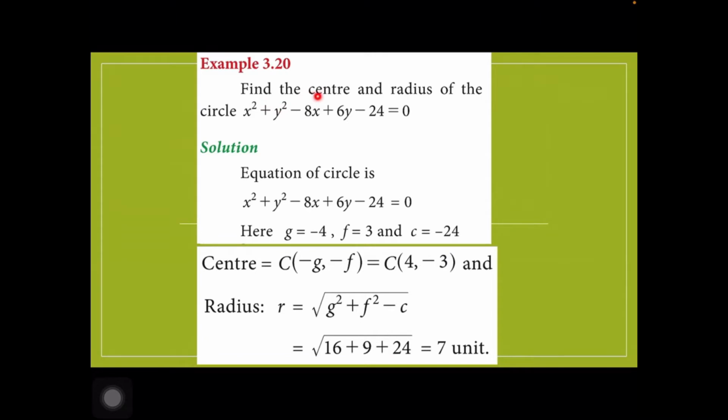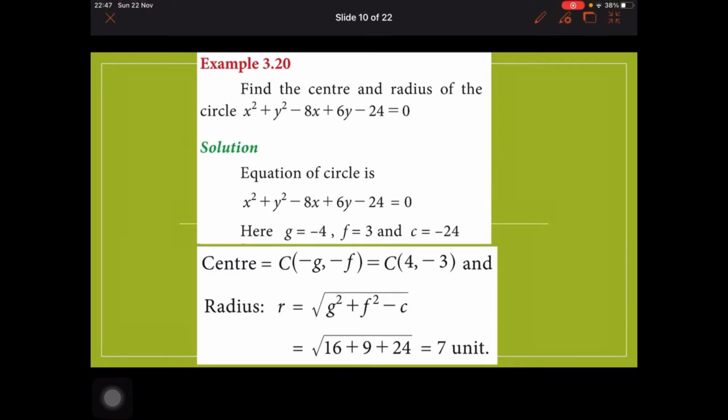20th, find the center and radius of the circle x square plus y square minus 8x plus 6y minus 24 is equal to 0. This is the given equation of the circle. We have to find the center and radius, and this is similar to our general form of the circle. What is our general form? The general form of the circle is x square plus y square plus 2gx plus 2fy plus c is equal to 0.